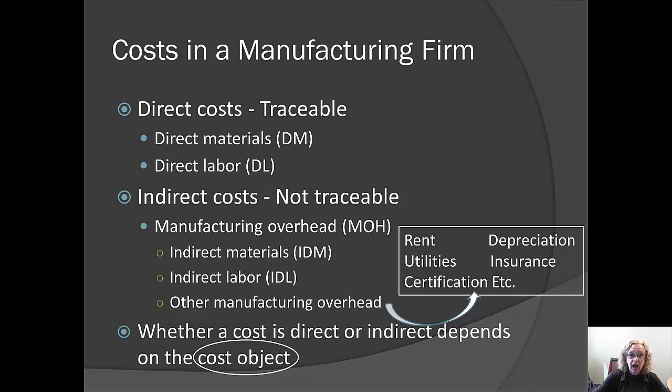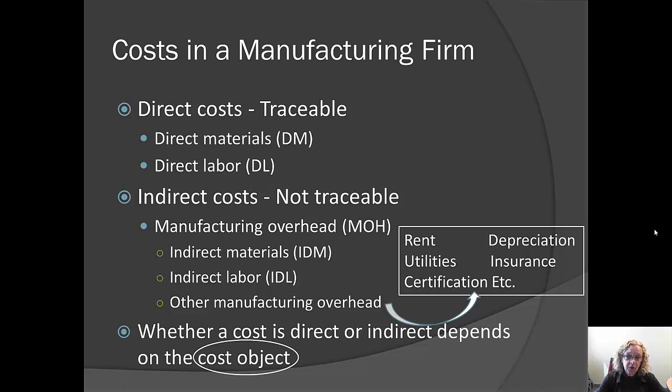If our cost object is a single unit of our product, then our materials and our labor will be traceable, and our other costs will not. They'll have to be treated as manufacturing overhead.